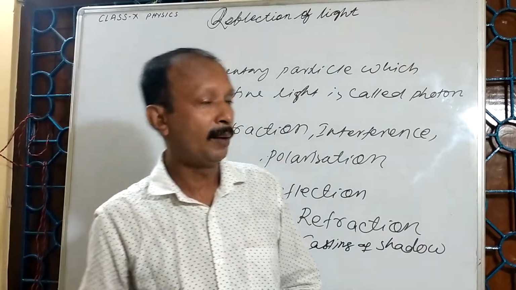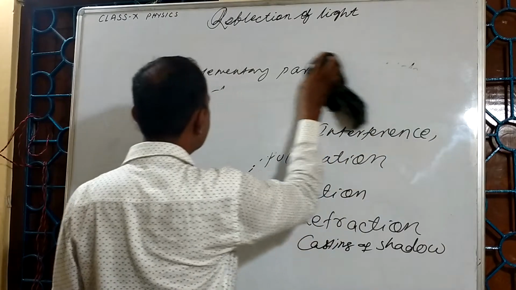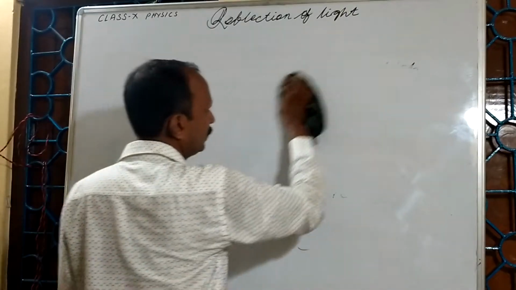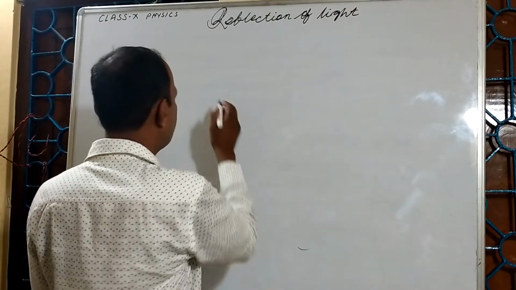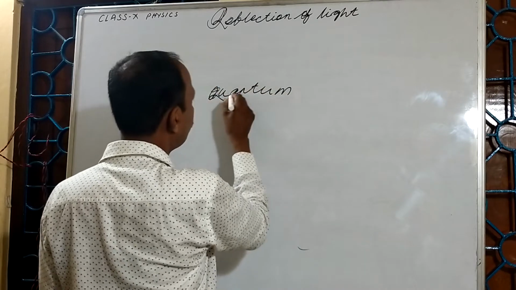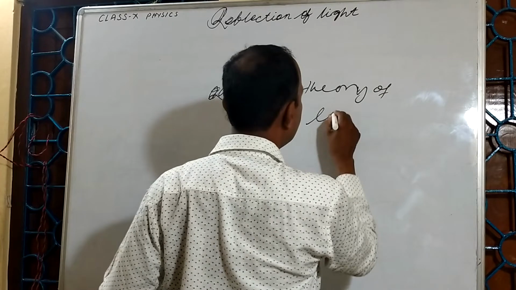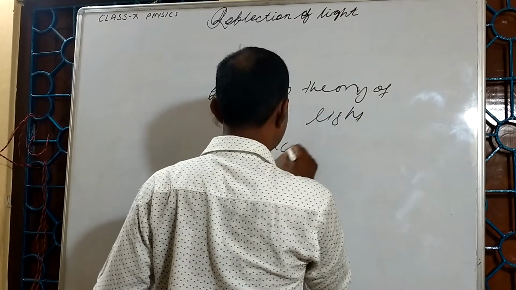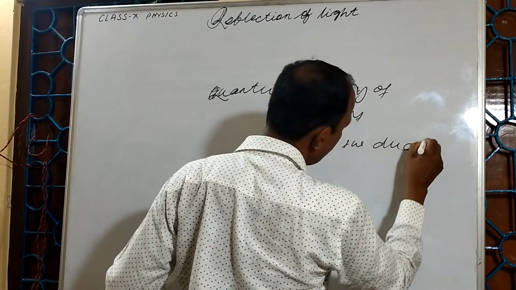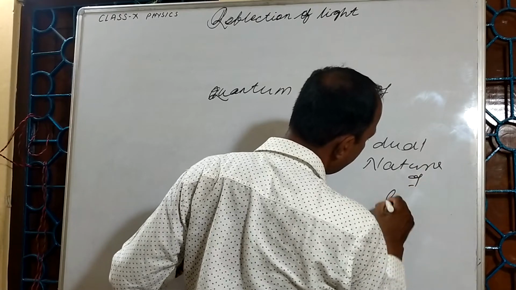That means the modern theory of light, or the quantum theory of light, accepts the dual nature of light.